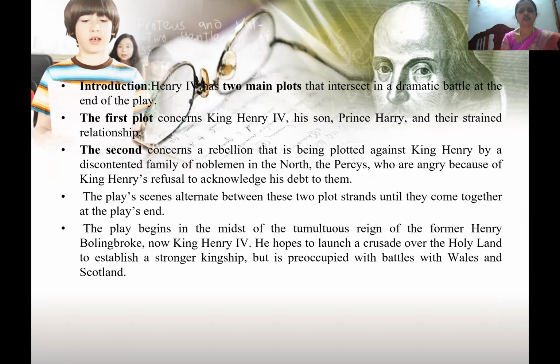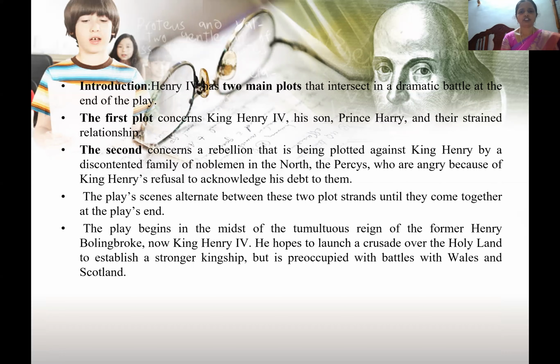Introduction. Henry IV has two main plots that intersect in a dramatic battle at the end of the play. The first plot is about King Henry IV, his son Prince Harry, and their strained relationship.